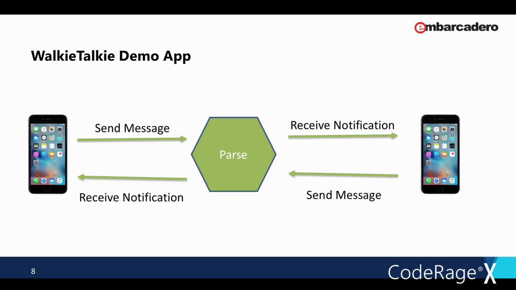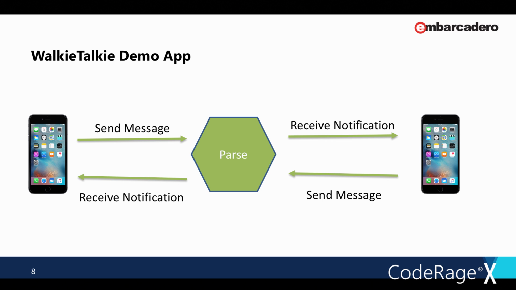The demo application I created for this session is what I call a walkie-talkie. You can send messages. We are sending those messages to Parse, and Parse sends out a notification to all the devices, and the devices receive the notification that a message has been sent.